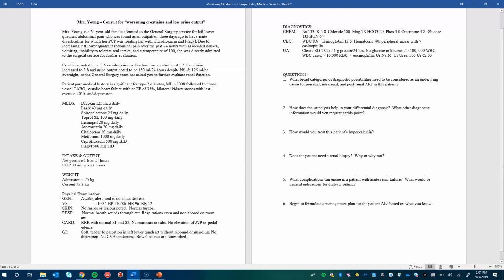And renal failure is right up there with iatrogenic anemia. Number one cause of anemia in the hospitalized patient is blood loss. Same thing with acute kidney disease.